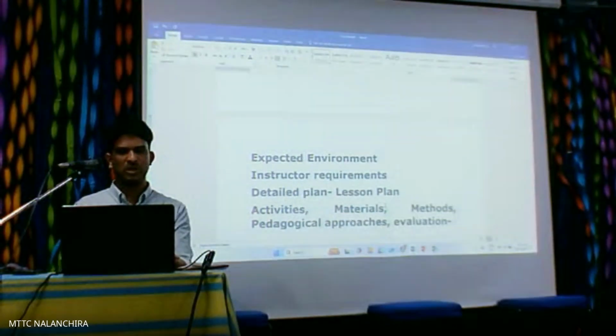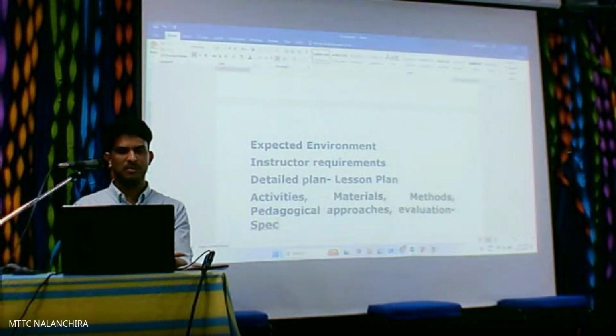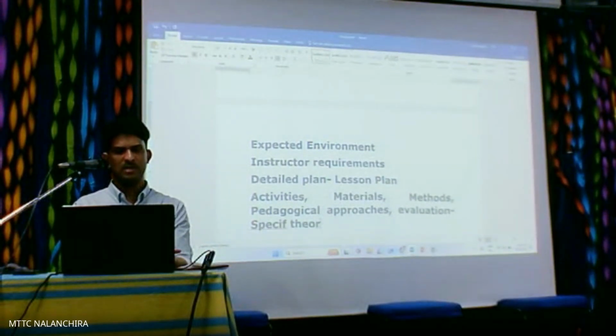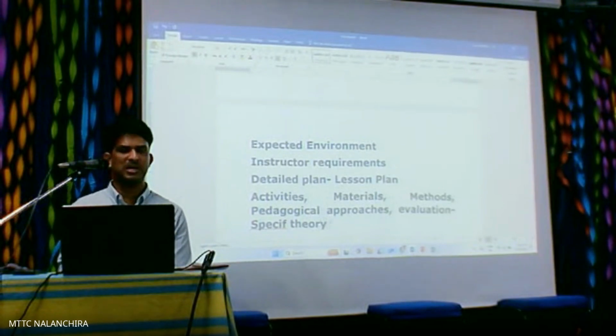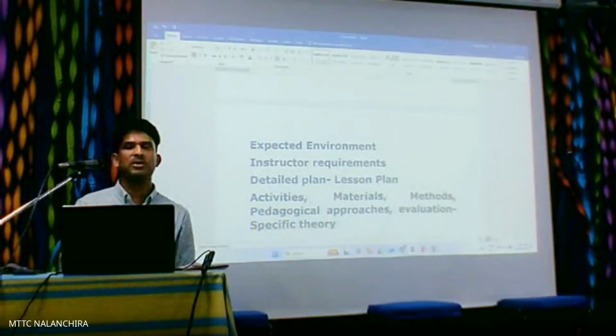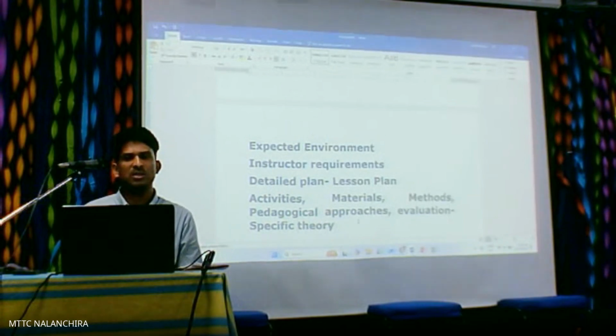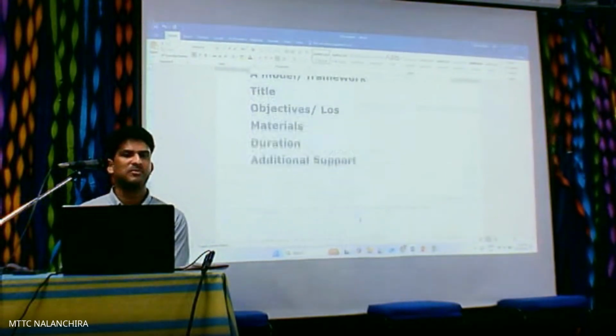All these should be according to a specific theoretical background, specific theory. If it is an instructional package, is it blended learning, which blended learning you are taking, which theory you are taking, all these you should have clarity. Then all these in a detailed manner you have to write.